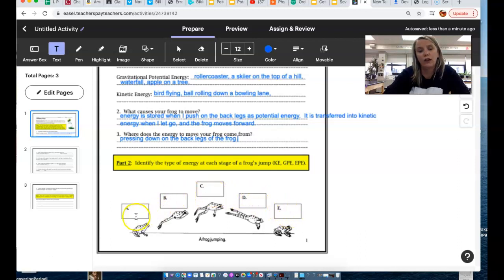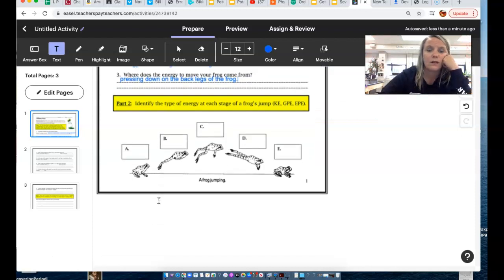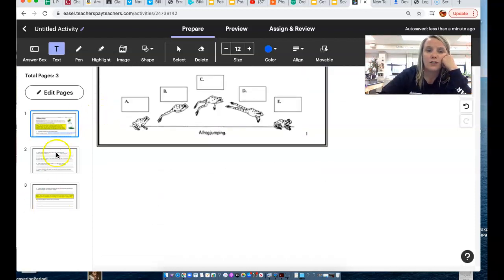So see if you can label each of these boxes with either kinetic energy, meaning it's moving, gravitational potential energy, meaning it's high in the air maybe, and it's going to fall down due to gravity, and then elastic potential energy, being when it has pent-up energy that's ready to kind of explode outward, like the rubber bands snapping and going flying. Okay, next page.